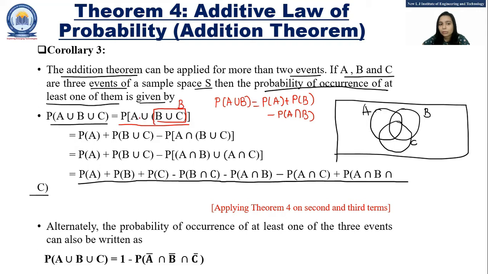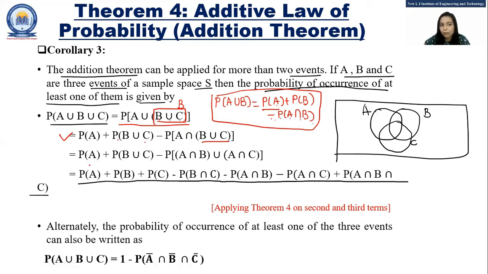So P of A union B is P of A plus P of B minus P of A intersect B. So over here in this equation, instead of B, if I'm writing B union C, you will get this equation. See, P of A, now instead of B, I should write B union C. So P of B union C minus P of A intersect B union C. So you will get this equation.